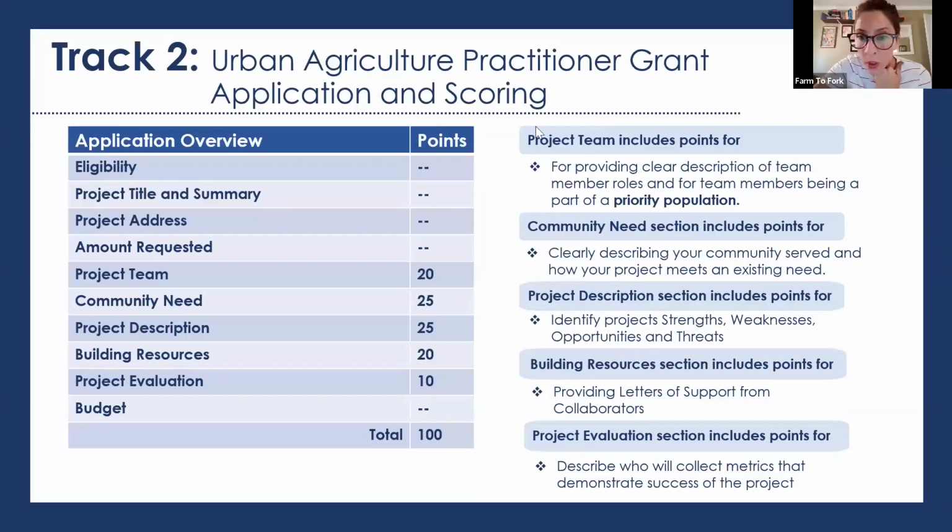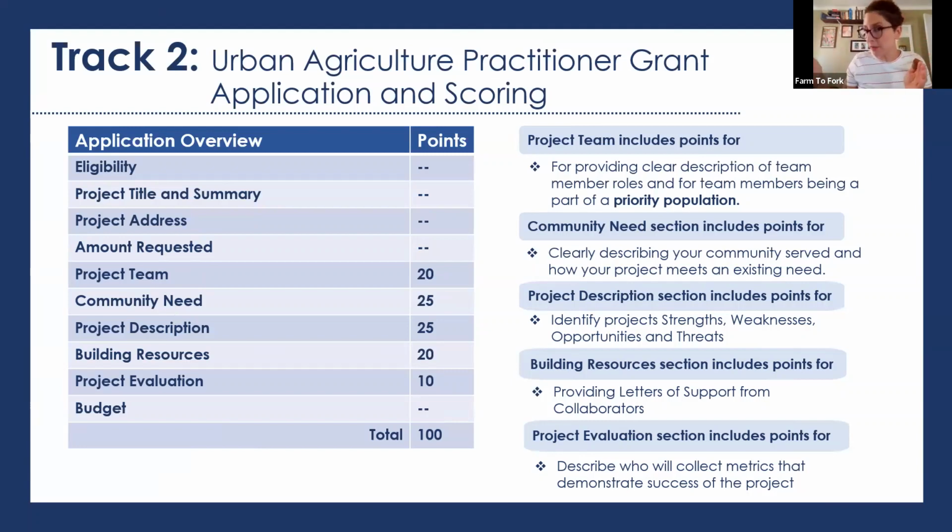Okay, so yes, for your question, in order to get points for the project team section, there are two aspects of this. One aspect is being clear about the description of what each team member role is as it relates to the project.